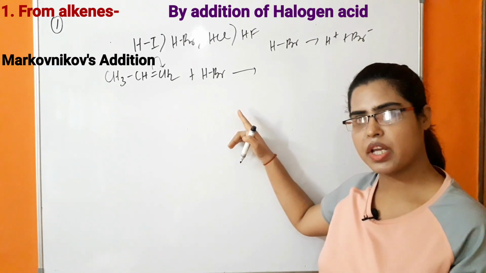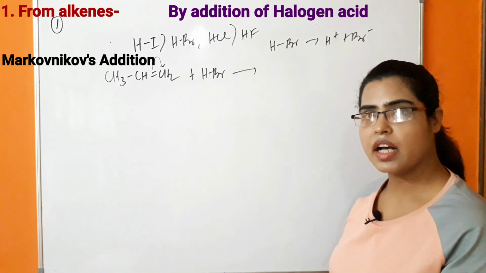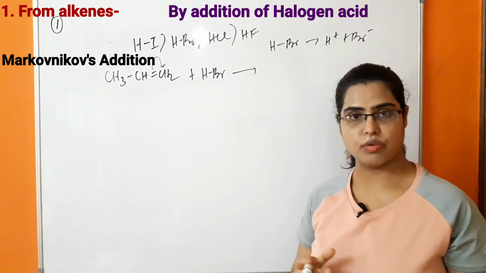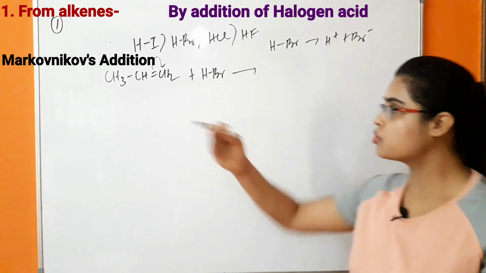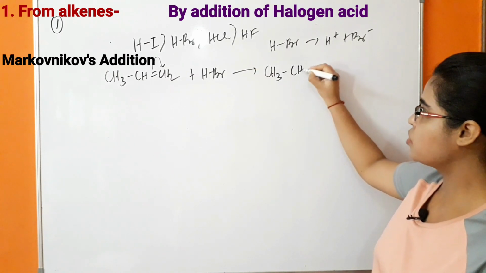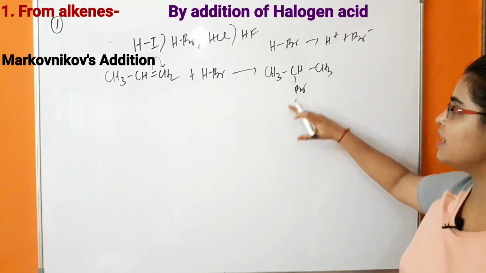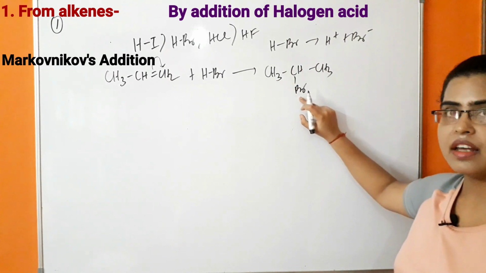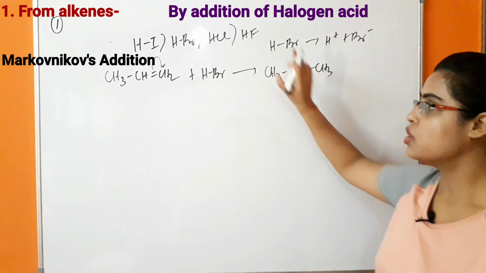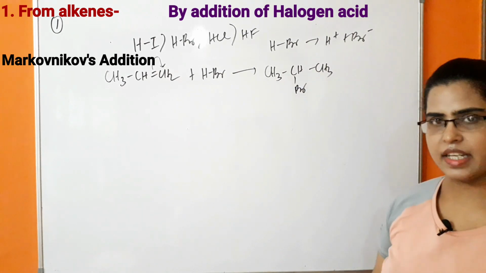The nucleophile Br- attacks the carbon with fewer hydrogens. So there is a formation of CH3CHBrCH3, the more substituted alkyl halide. It means Br is present on the carbon which has fewer hydrogens. This reaction occurs by Markovnikov addition.